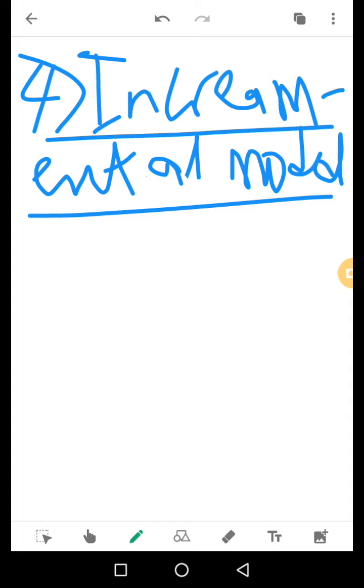So let's have a look at the disadvantages of the incremental model. Each phase of an iteration is rigid and does not overlap with the others. Then problems in system architecture may arise as a result of the inability to gather requirements up front for the entire software life cycle.